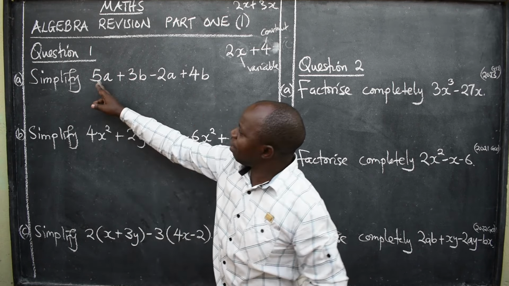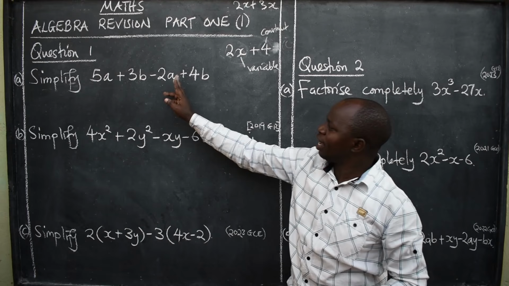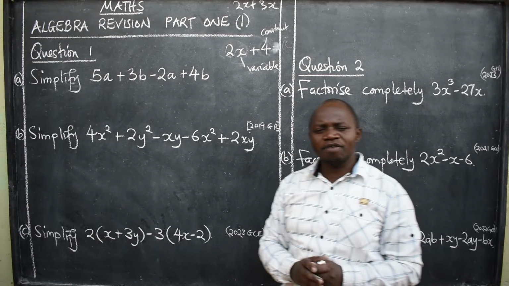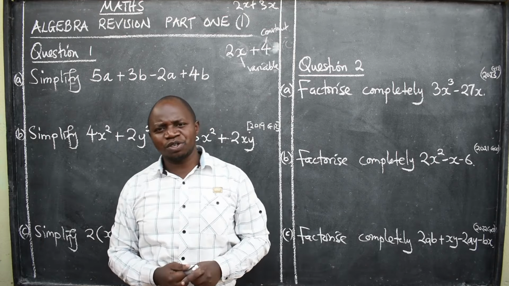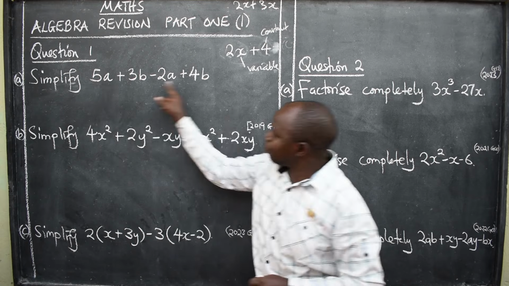So we have simplified 5a plus 3b minus 2a plus 4b. Shorten the number of terms. Simplify, that is the stem of the question. So what are you going to do? You look at the expression that you've been given. This is the expression.